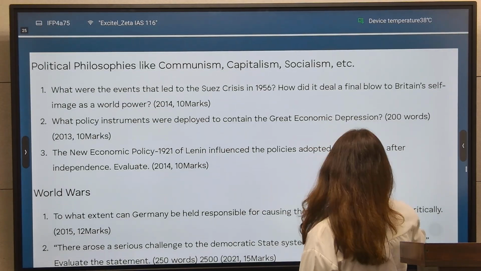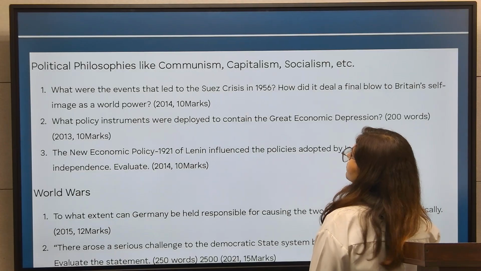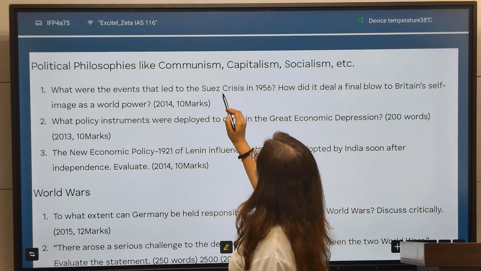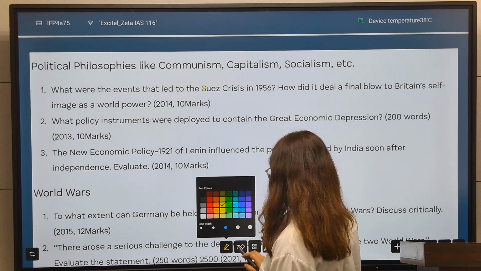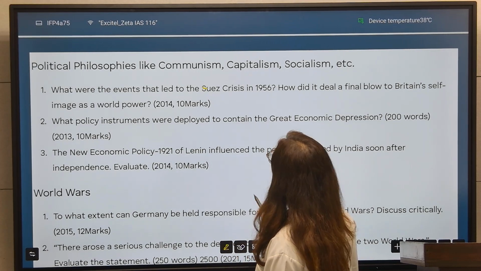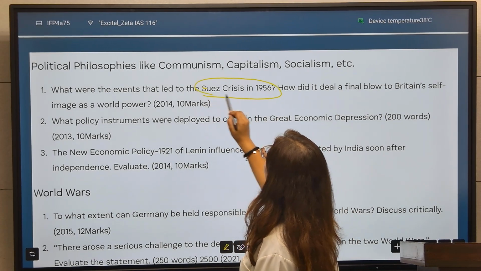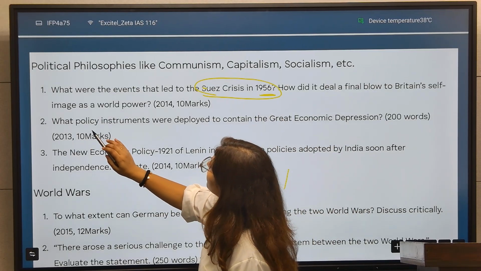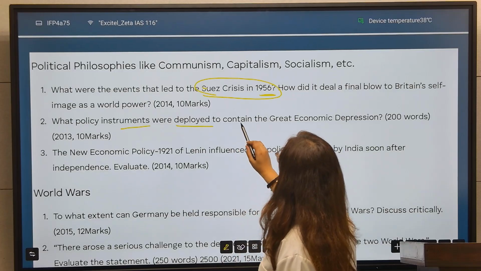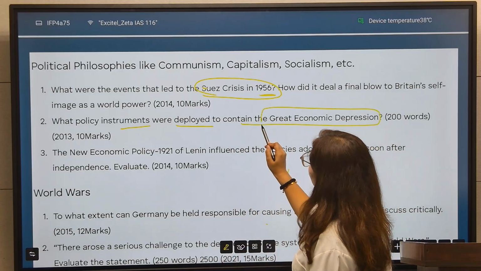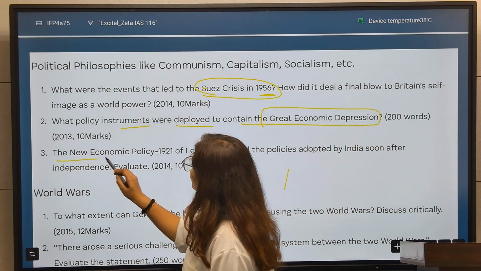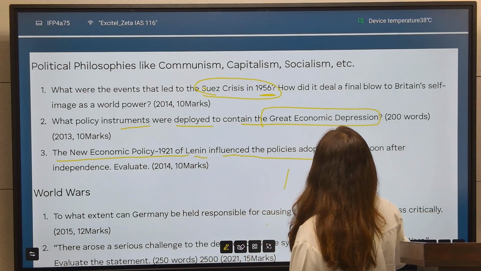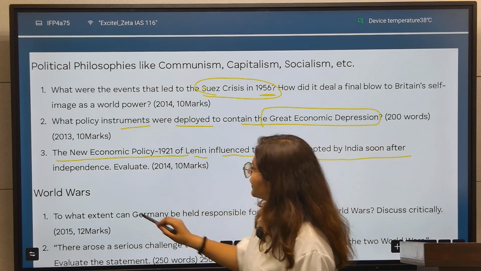Now, philosophies. In 2014, a question was asked on the Suez crisis in 1956. In 2013, what policy instruments were deployed to contain the Great Economic Depression? The New Economic Policy 1921 of Lenin influenced the policies adopted by India soon after independence.